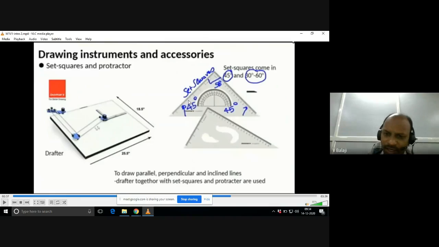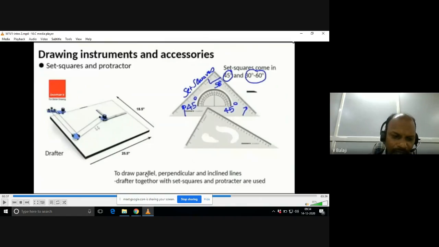Generally these two set squares are sufficient for our practice. You can read the importance of these set squares: to draw parallel, perpendicular and inclined lines. The drafter together with set squares, and a protractor, are also used sometimes.